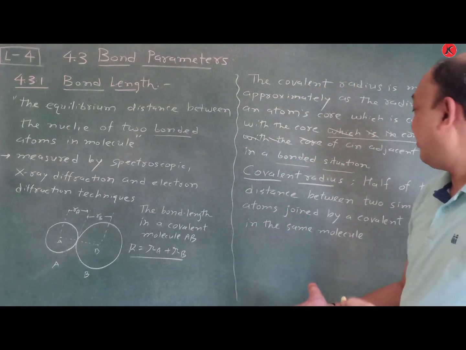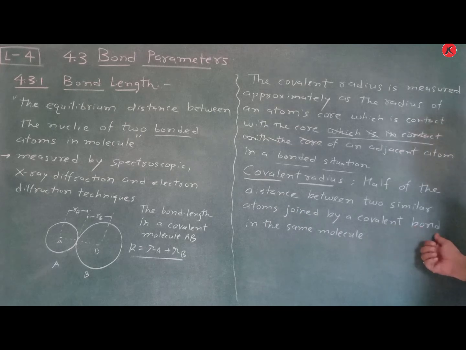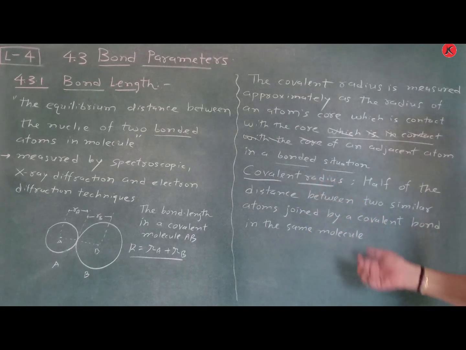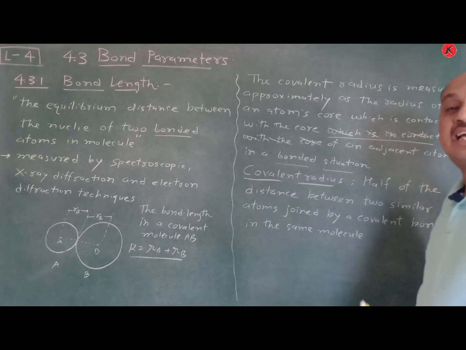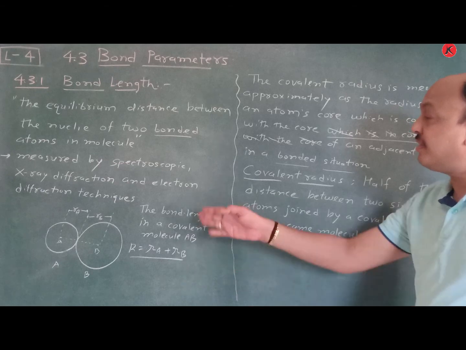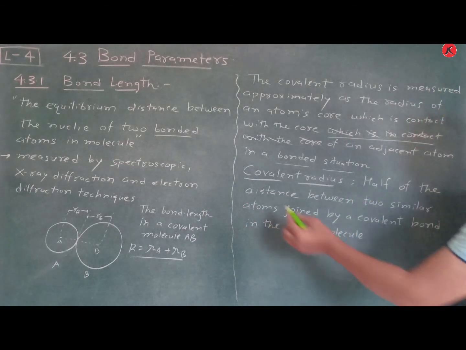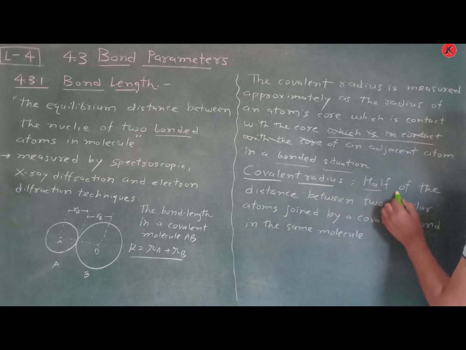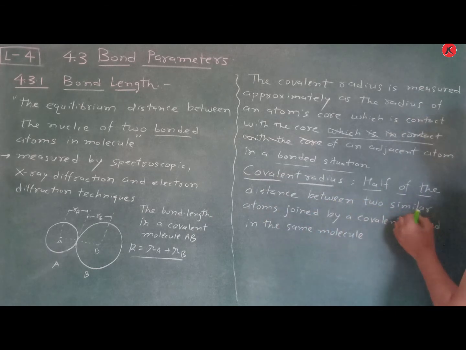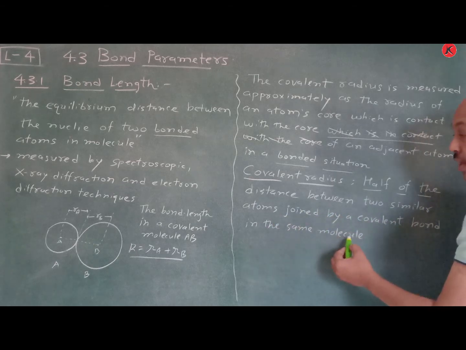They are bonded, two similar atoms joined by a covalent bond in the same molecule. You already learned this definition, just like atomic radius or atomic radii. The same sentence is there, but this is the perfect definition.